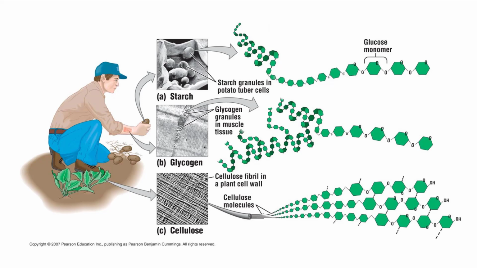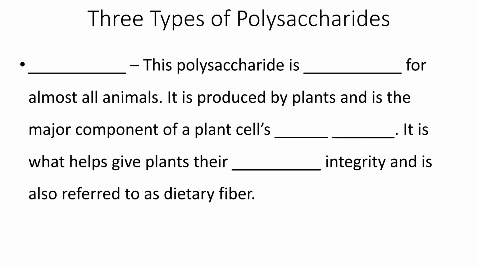Here in this diagram, we see a farmer in his field picking potatoes. The farmer has glycogen within his body. The potatoes have starch within them. And there's a third type of polysaccharide that plants make that is indigestible, and this is known as cellulose. The cellulose will be found in the plant cell's cell walls, or in the fibrous parts of the plant. So cellulose is our third polysaccharide.